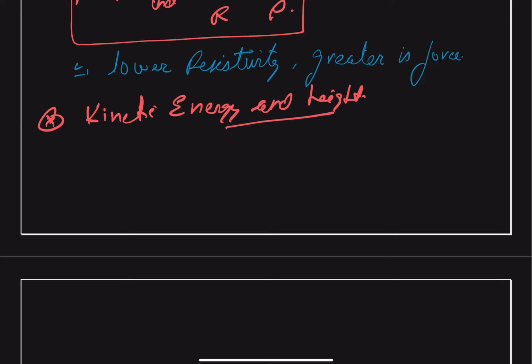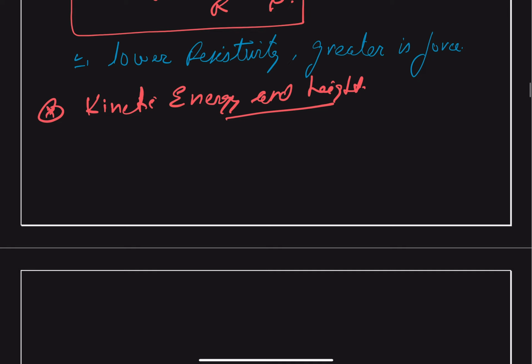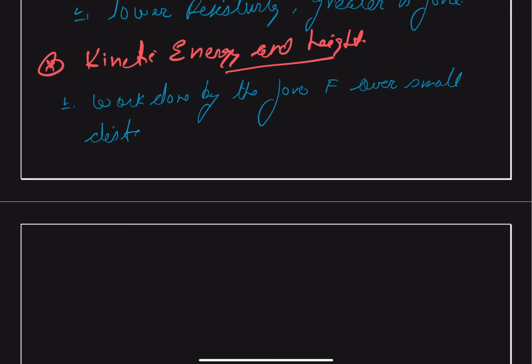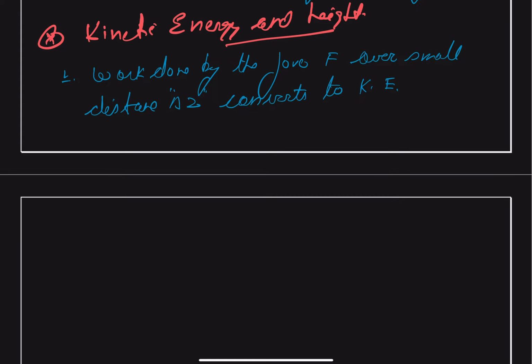So work done, force into delta Z, will be equal to half mv square.